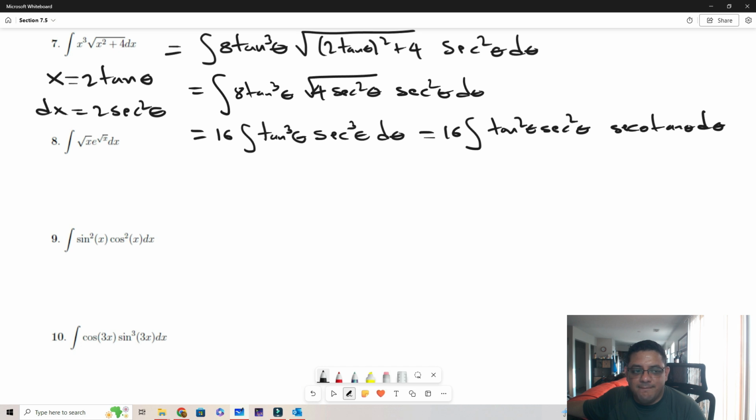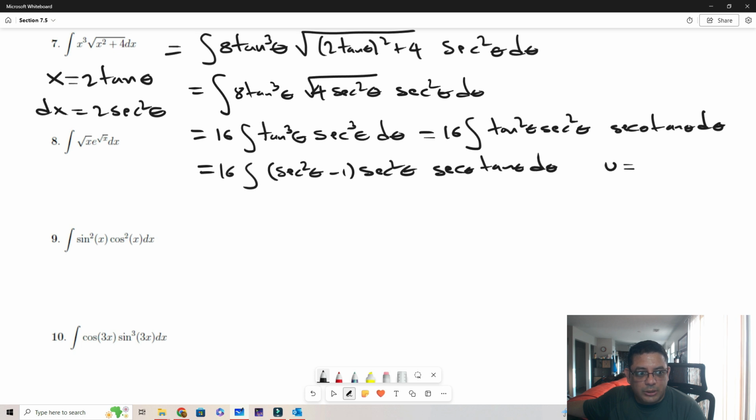So this is telling me the substitution should be secant. And so what happens with that is that now I can transform tangent square into secant square minus 1 times secant square times secant of theta tangent of theta. And so with this, I can go with the substitution u equals secant of theta.